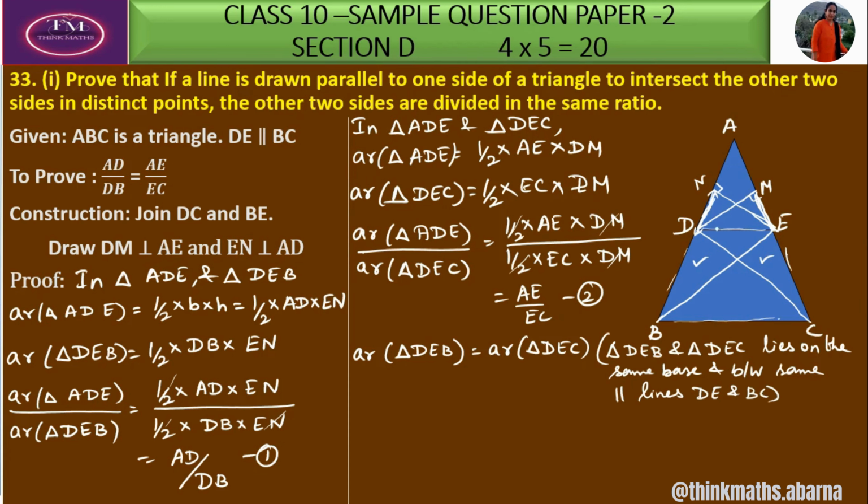If two triangles lie on the same base and between the same parallel lines, then the areas of the triangles are equal. So the denominator becomes equal.